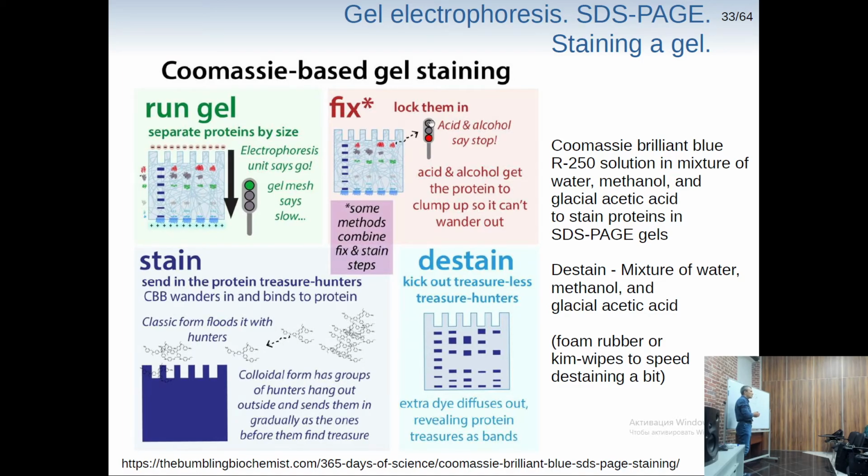To make them insoluble, for instance. And afterwards we can stain our gel and have our picture. We can even dry our gel and have it just on a paper and put it in some thesis or whatever. So we have our gel, and then we have to stop everything that is happening in this gel.